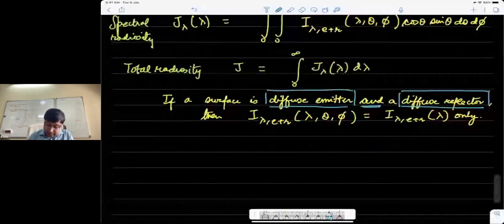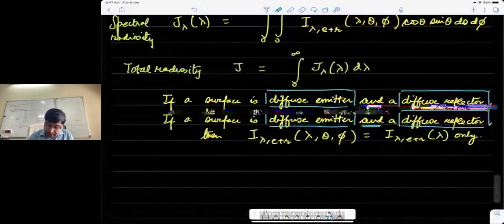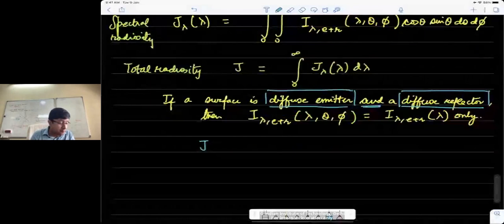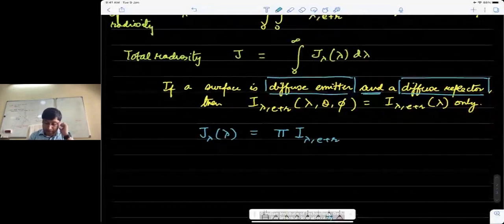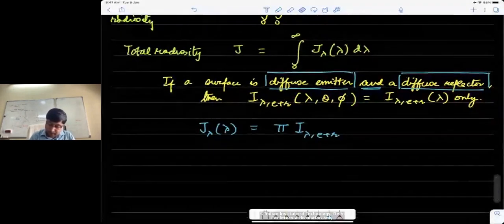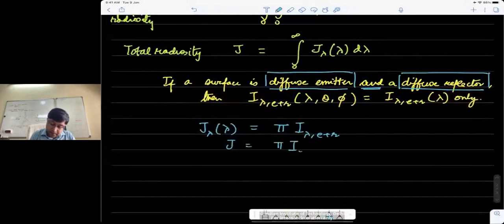And in that case, the spectral radiosity J lambda would again be pi times the intensity, and total radiosity J would be pi times the total intensity.